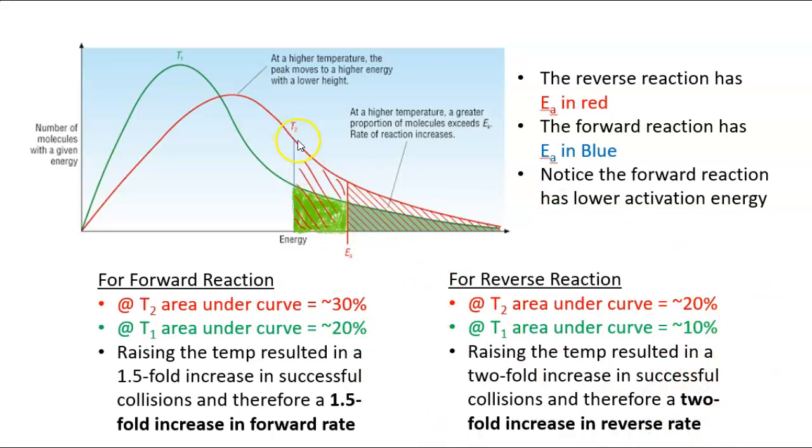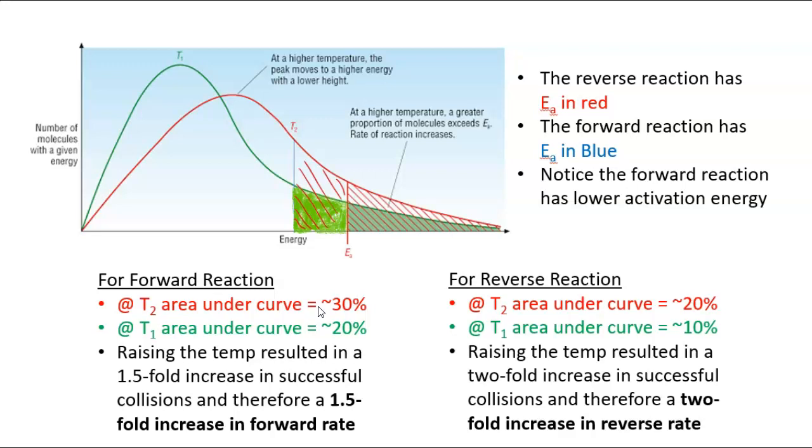But if we do this for the percentage of molecules under the curve to the right of the forward activation energy line, we get some different percentages. I've estimated the area under the red curve to the right of the blue forward activation energy line is approximately 30%, and the area under the green curve to the right of the blue forward activation energy line is roughly 20%.